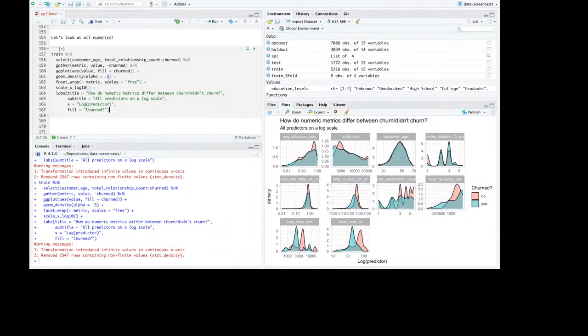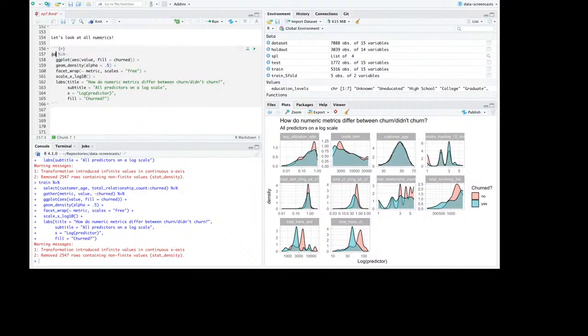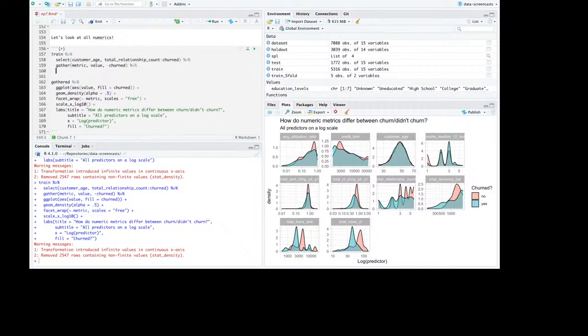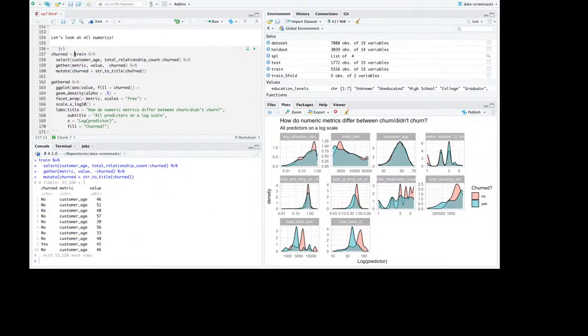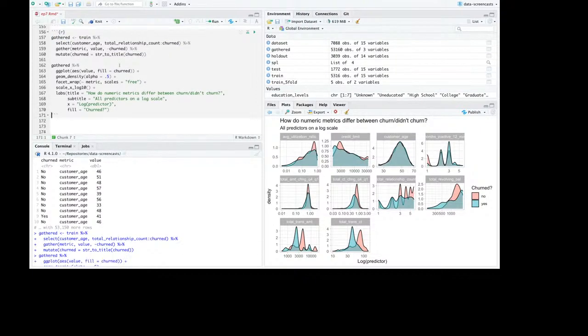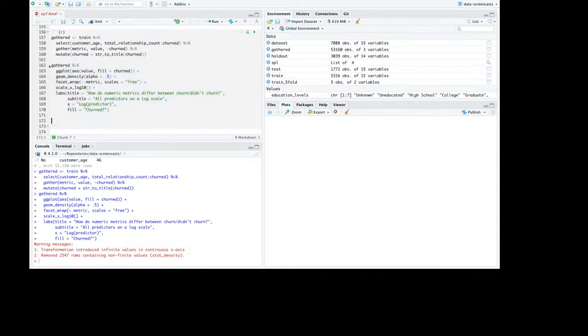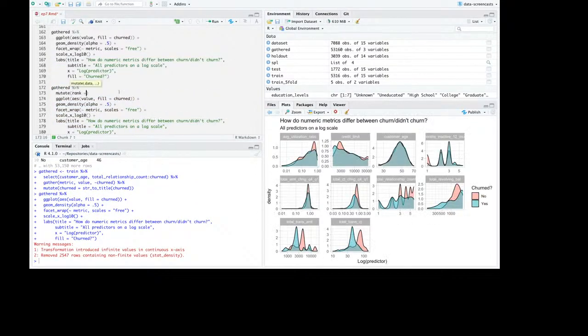And, you know, there's actually an alternative here where I could do all this. I'm trying to make it cleaner, if else. There's a string to title, match. Nope, churned. String to title churned. And gathered. Gather, and I'm going to try one other approach. We're going to say gathered rank is rank of value grouped by metric.